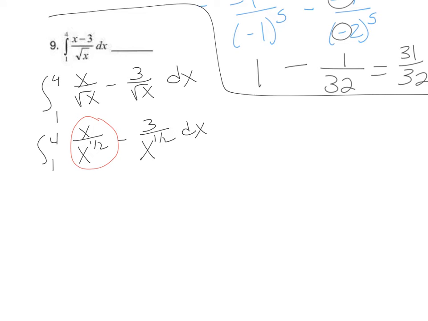Because now I can simplify this fraction by subtracting my exponents. So 1 minus 1/2 gives me x to the 1/2. And then I don't want a variable in the denominator, so I'll make that a -1/2.